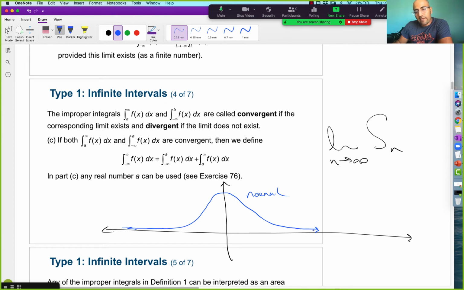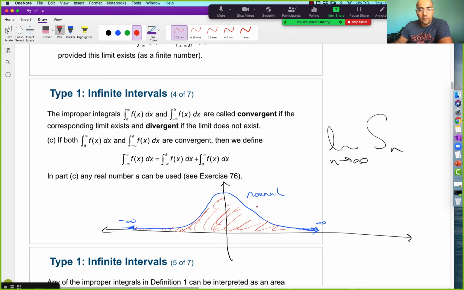They have the characteristic that this goes out to positive infinity and this goes out to negative infinity. The function always gets infinitely close to the x-axis in either direction. And we need the whole area, right? We're always interested in the area underneath the function. So figuring out these kinds of areas is very important in statistics.